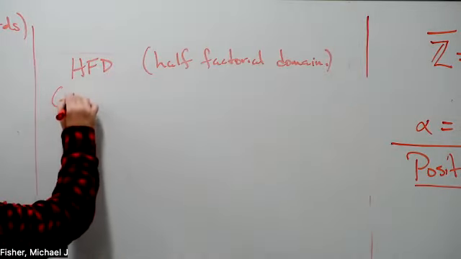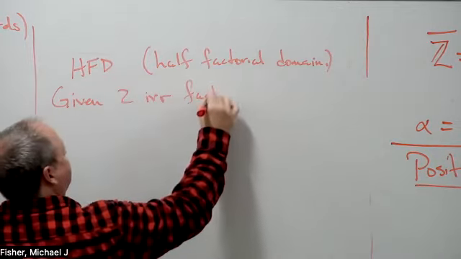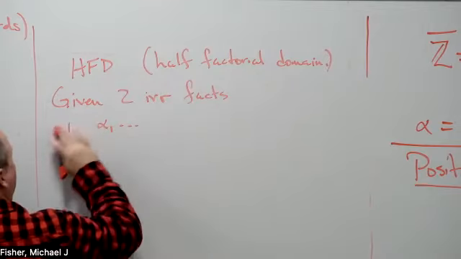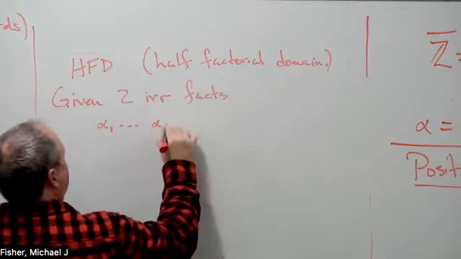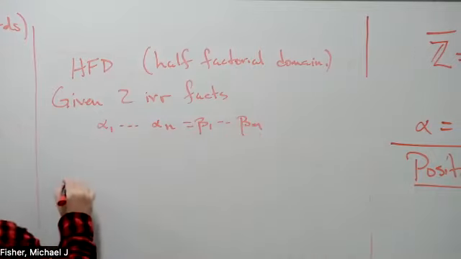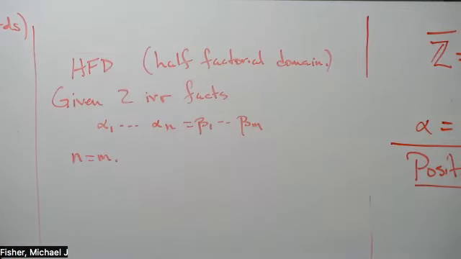And this is, given two irreducible factorizations, then n equals m. So maybe factorizations aren't unique, but all the factorizations have the same length, right?